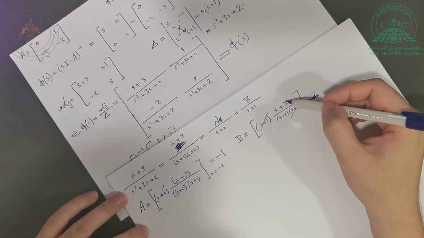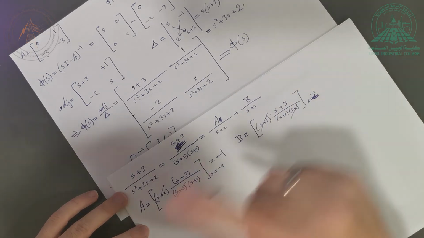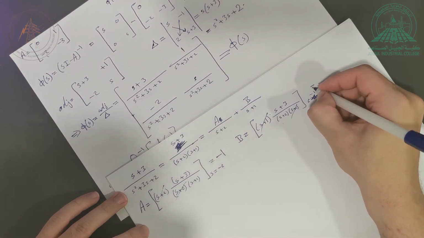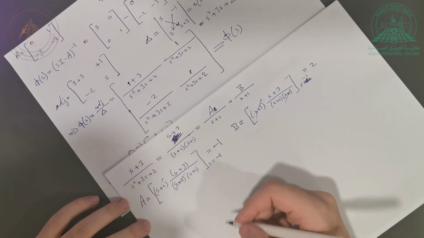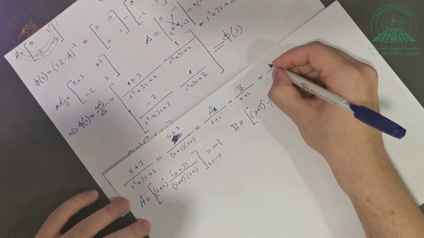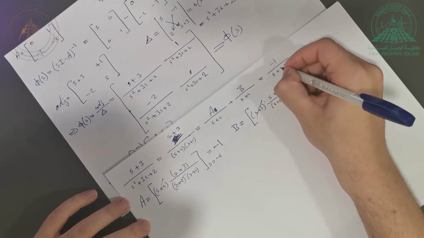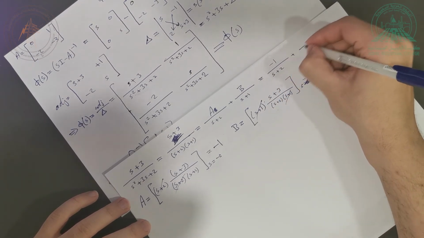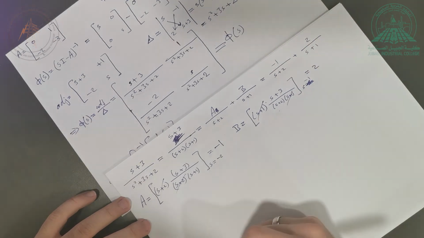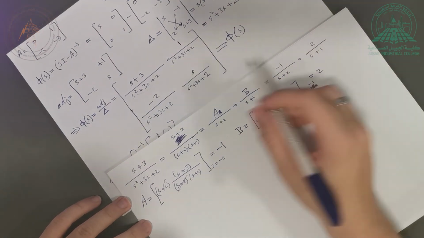I get 3 − 1, which is 2, divided by 2 − 1, which is 1. So 2 over 1, you get plus 2. This means that this whole thing I can write as −1/(s + 2) + 2/(s + 1). So now I have opened this up.